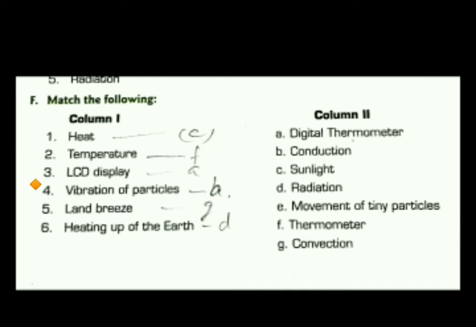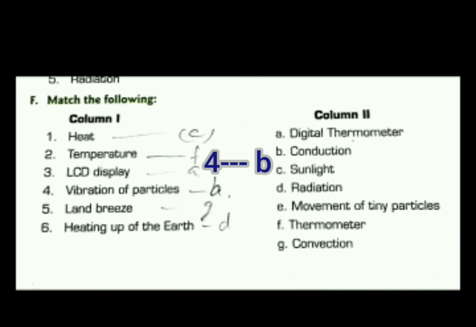Now 4, vibration of particles, you will match it with B, that is conduction. Vibration of particles is related with conduction, because conduction is the mode of transfer of heat in which particles do not actually move, they only vibrate around their mean position.